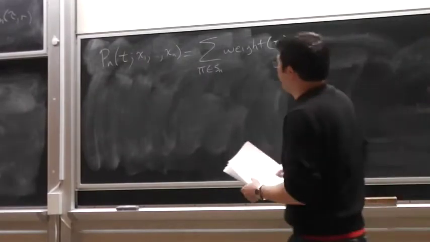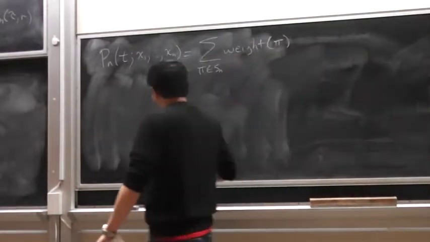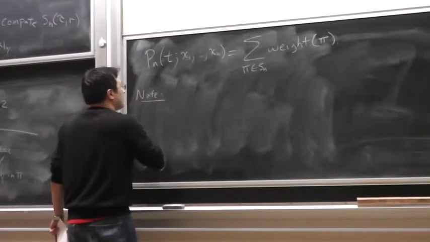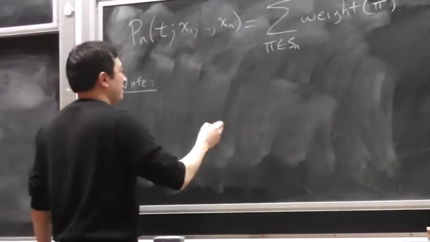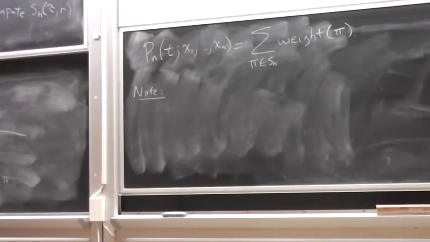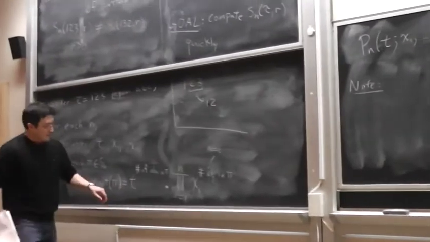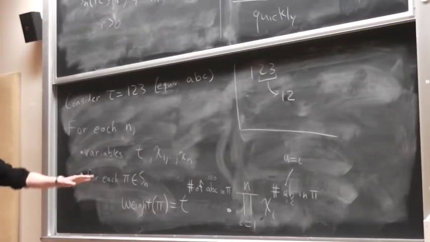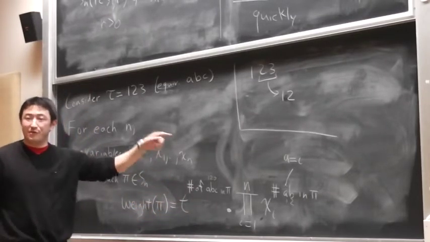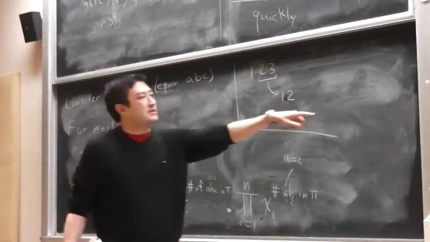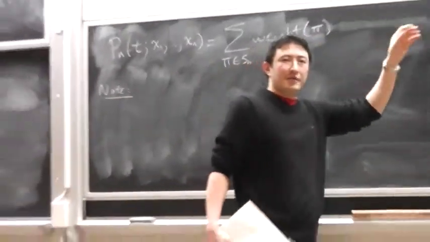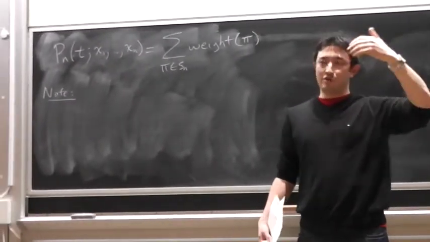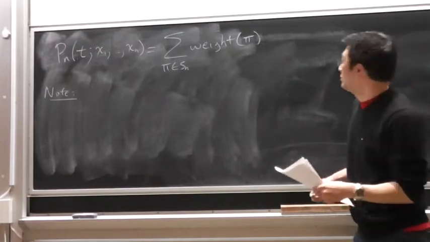And the end result is going to be, so note that if I set the x's to 1, then these disappear. They become 1. You only have a t to the number of occurrences. So basically, this sum just becomes a polynomial in t that keeps track of how many permutations have 0 occurrences, 1 occurrence, 2 occurrences, and so on, as coefficients.